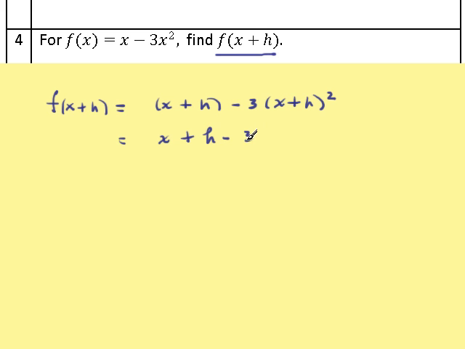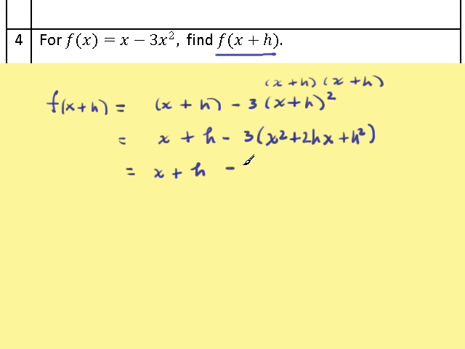I'm going to multiply out x plus h squared. So I'm going to multiply x plus h times x plus h. So that will be x squared. And then we have xh and another xh. So that's plus 2hx plus h squared. And let's open the parentheses there.